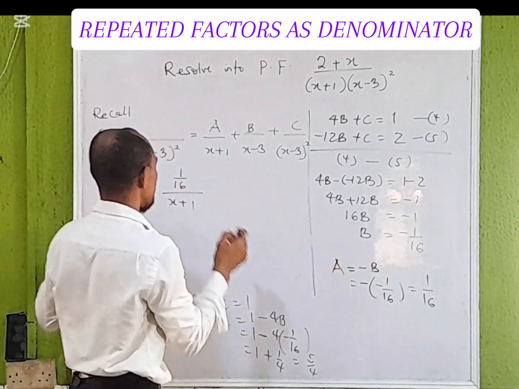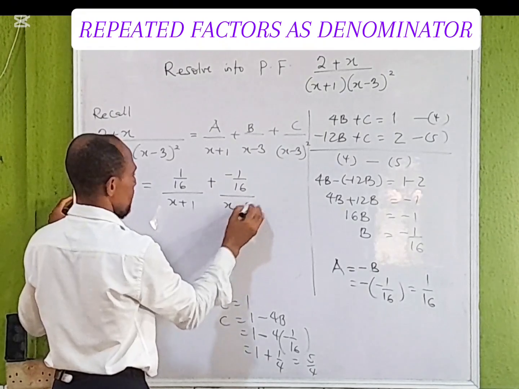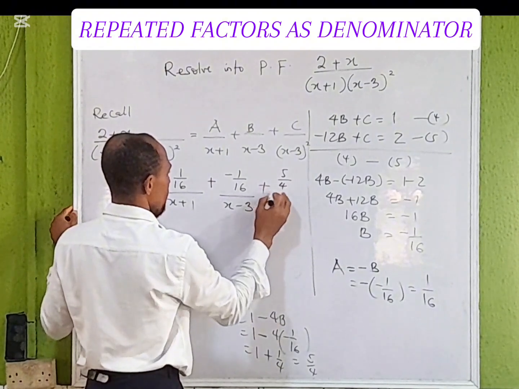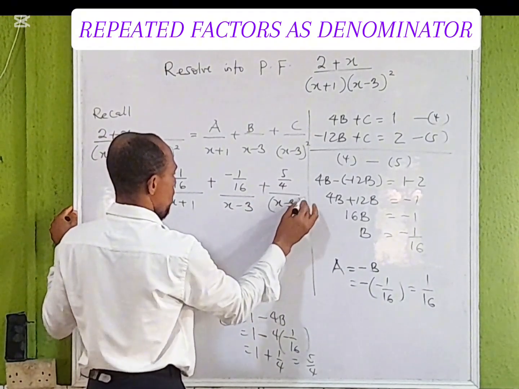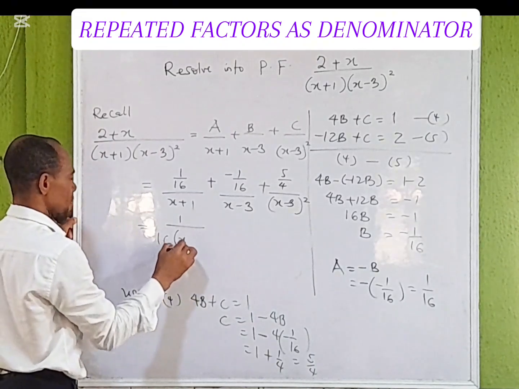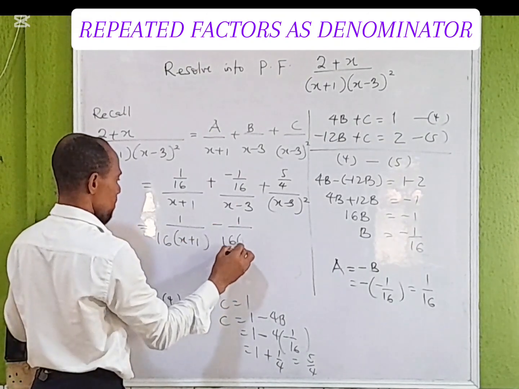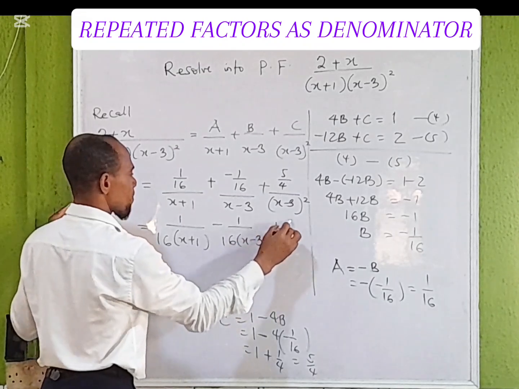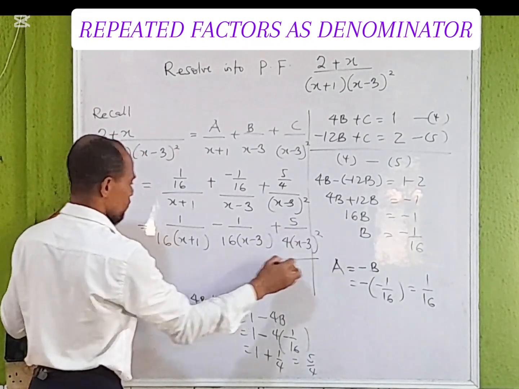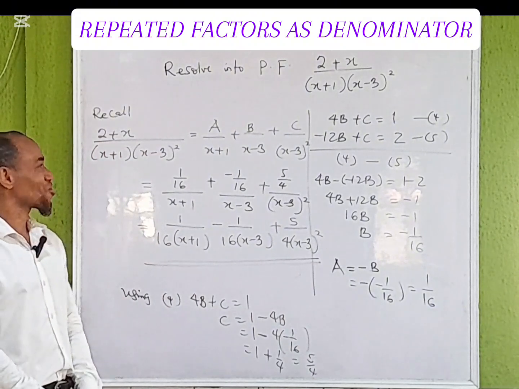And B is minus 1 over 16 over x minus 3. Then C is 5 over 4 over x minus 3 all squared. So to fine tune the work, we're going to have 1 over 16 bracket x plus 1, minus 1 over 16 bracket x minus 3, and lastly plus 5 over 4 bracket x minus 3 all squared. And that is the end of the solution to this particular interesting question.